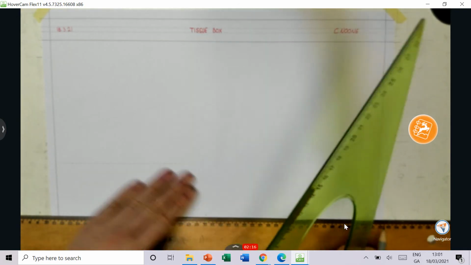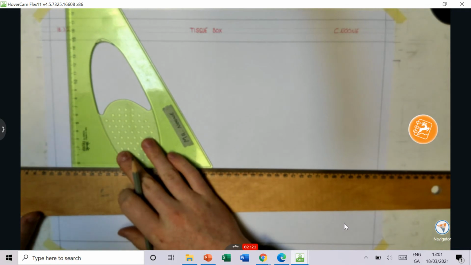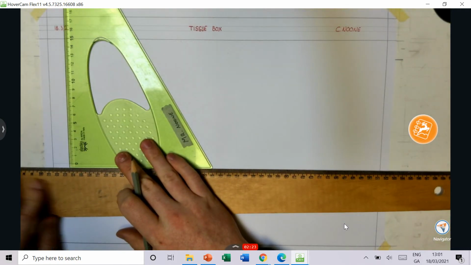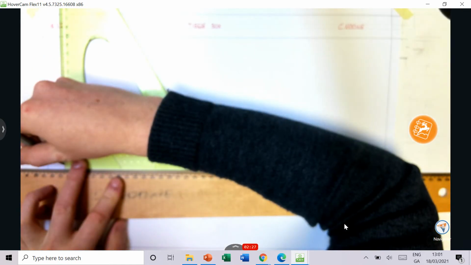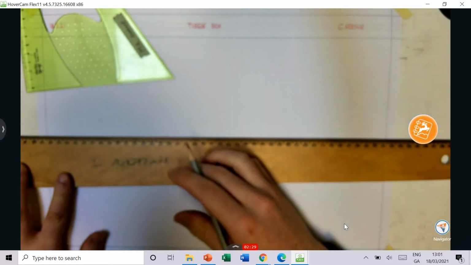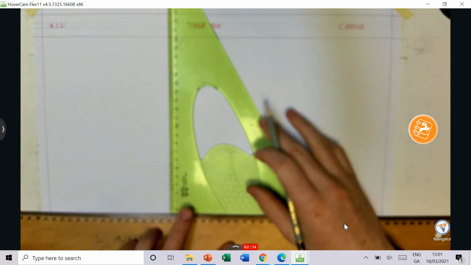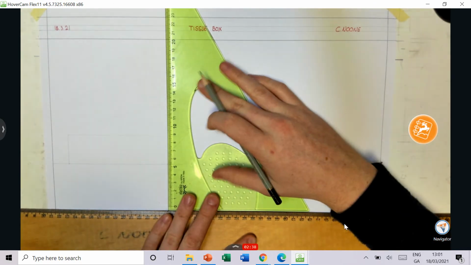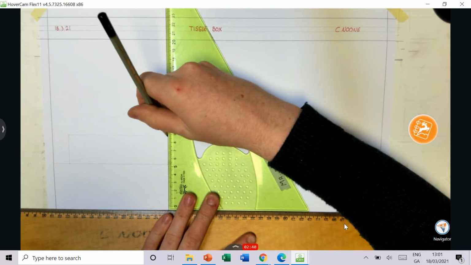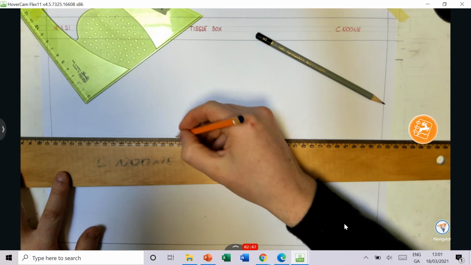Now, I know that in the elevation, that has a height of 35 mil. So I'm going to measure up from one of those points 35 mil, and project a line over to the right, and then go over to this point here, which is 120 mil across, and draw a line vertically up. Then I'm going to draw a horizontal line, so I can actually start drawing these with firm lines now.